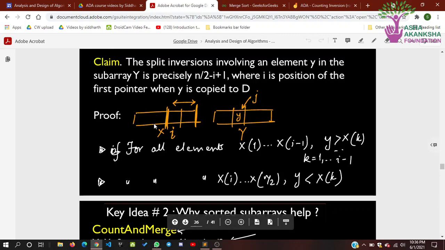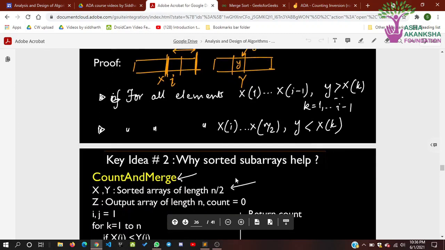Any element that was greater than y would have been compared with y first according to merge sort. And as that element was greater than y, y should have been added to the main array. So in this case, while comparing with the ith index element, y should not get compared, and hence this is a contradiction. Hence all the elements towards the left of this ith index should be smaller than y, and the remaining part I explained already.